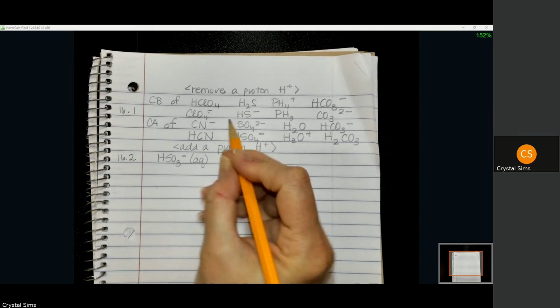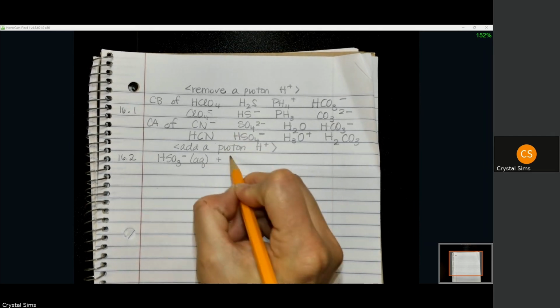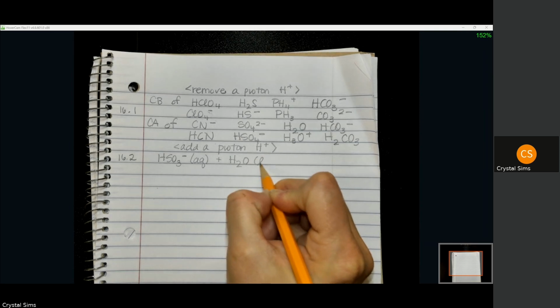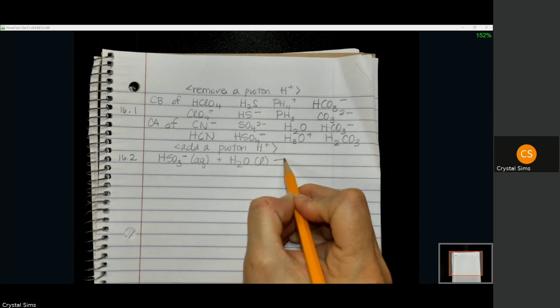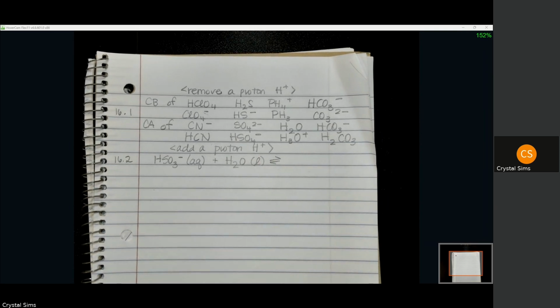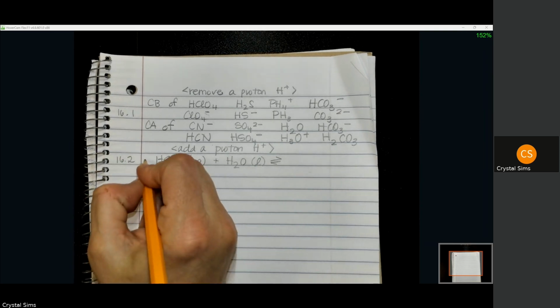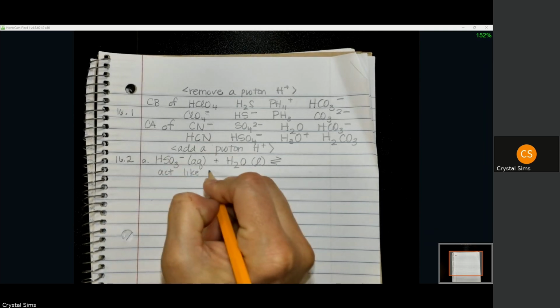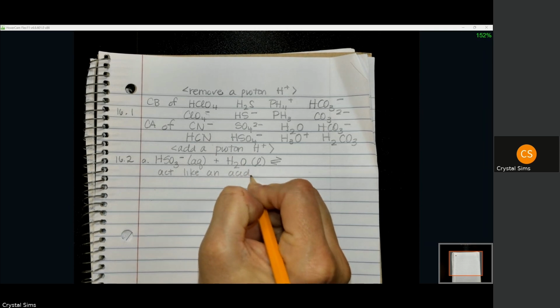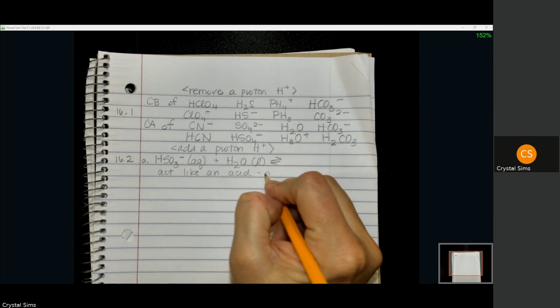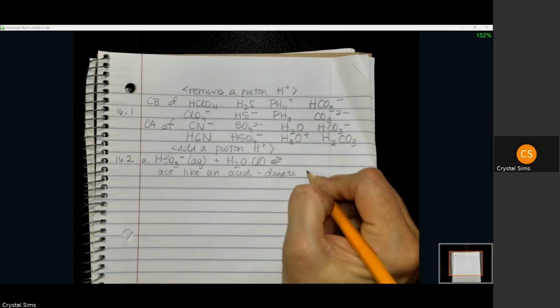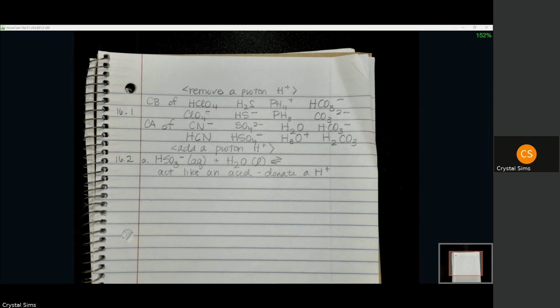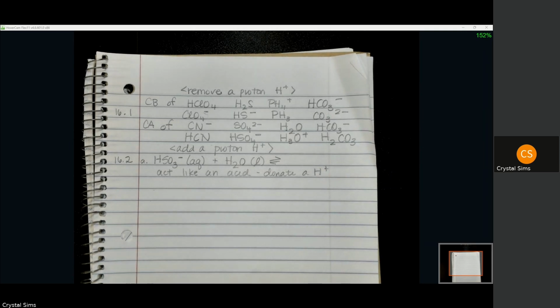So that's going to be in an aqueous solution. I'm going to add that to water, which would be liquid. And I know my reaction is going to be reversible. So in this first one, we want it to act like an acid. And that means that it's going to donate a proton. So it's going to donate the hydrogen ion.